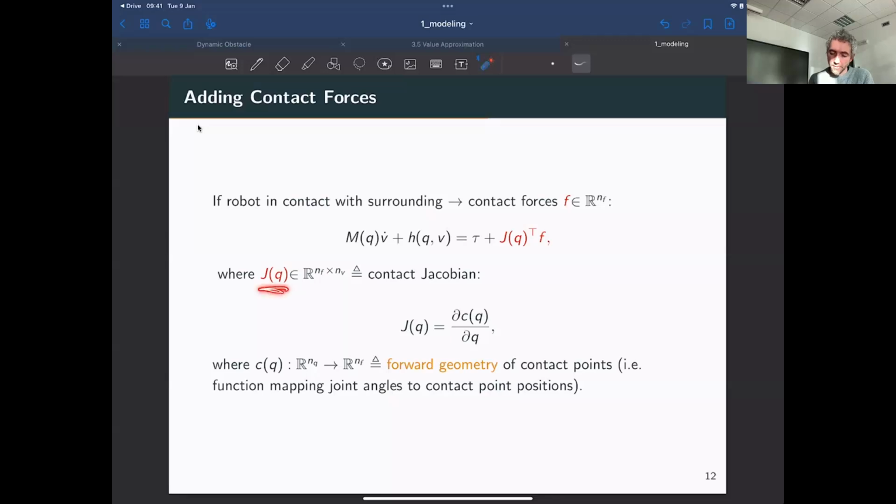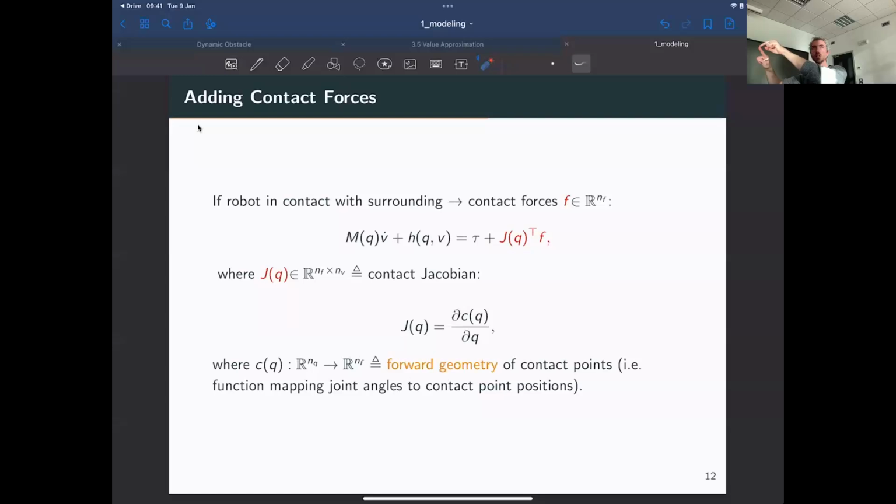So what is this Jacobian matrix? You can think of it, at least as a first way of thinking about it, as the derivative of the contact point position with respect to the joint angles. So suppose that I'm touching the wall with the point of my fingertip.